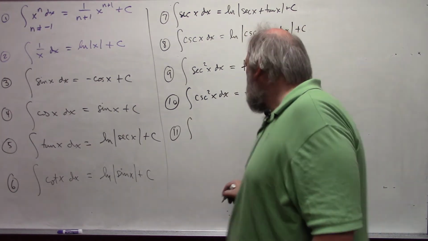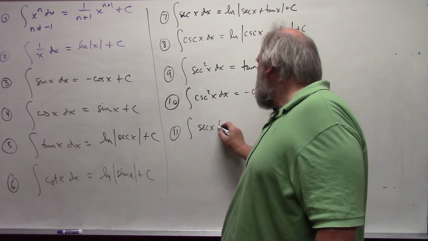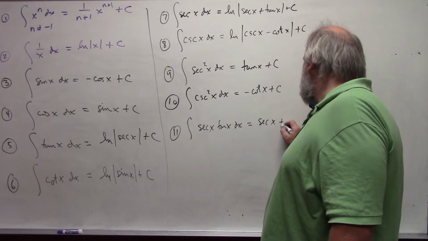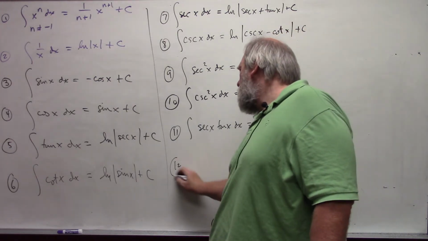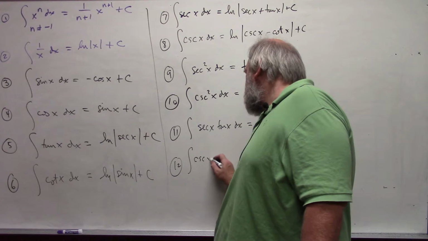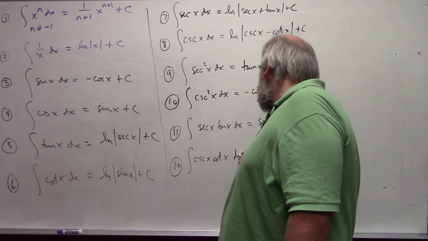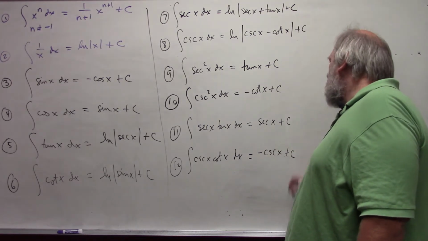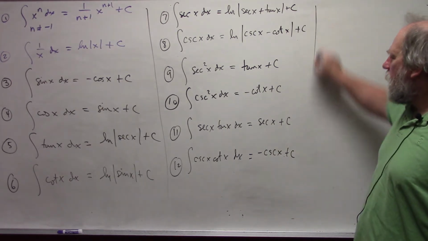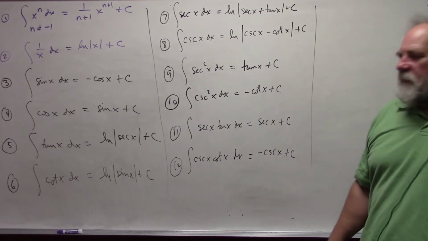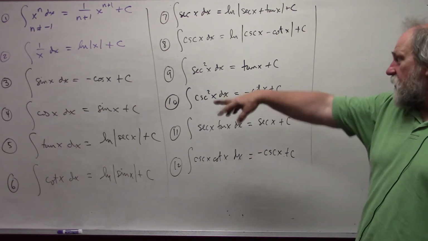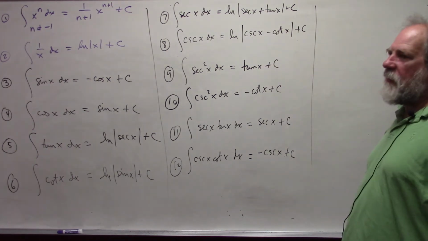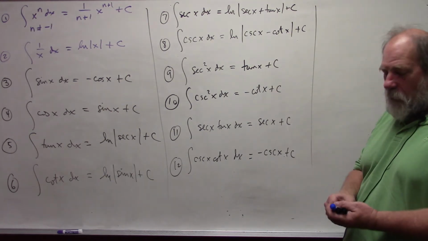The antiderivative of secant of x tangent of x is secant of x plus c, and the antiderivative of cosecant of x cotangent of x is negative cosecant of x plus c. This takes care of antiderivatives, basic forms that are trig, whether they're basic trig functions, the first 6 of these in black, or the reverse of a trig derivative, which is these last 4.